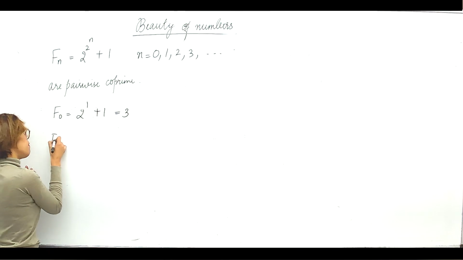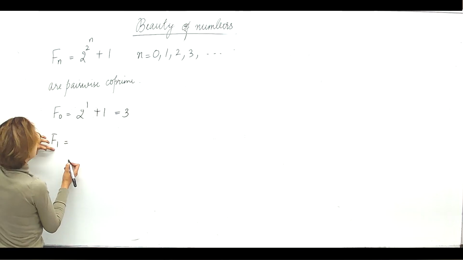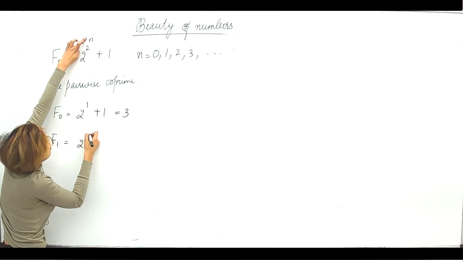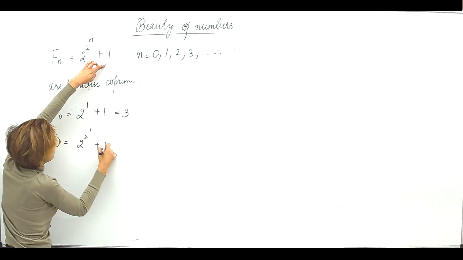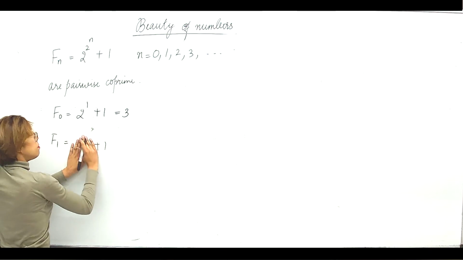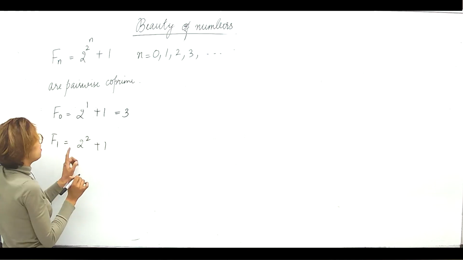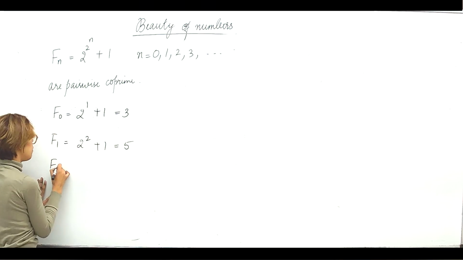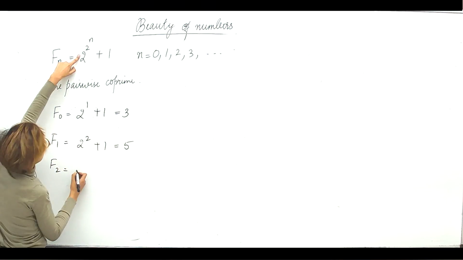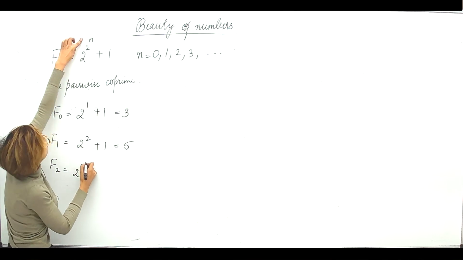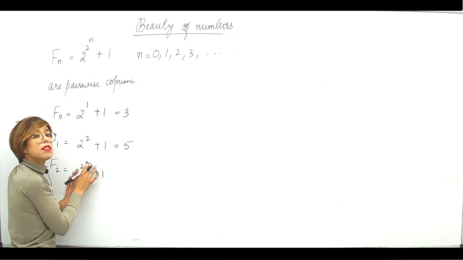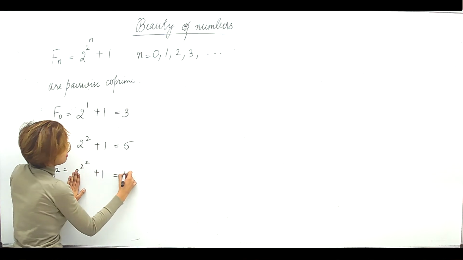Then let's talk about F1. Replace n by 1. So 2 raised to the power 2 raised to the power 1, plus 1. Now 2 raised to the power 2 is 4, plus 1 which is 5. Then F2: 2 raised to the power 4 which is 16, plus 1 which is 17.